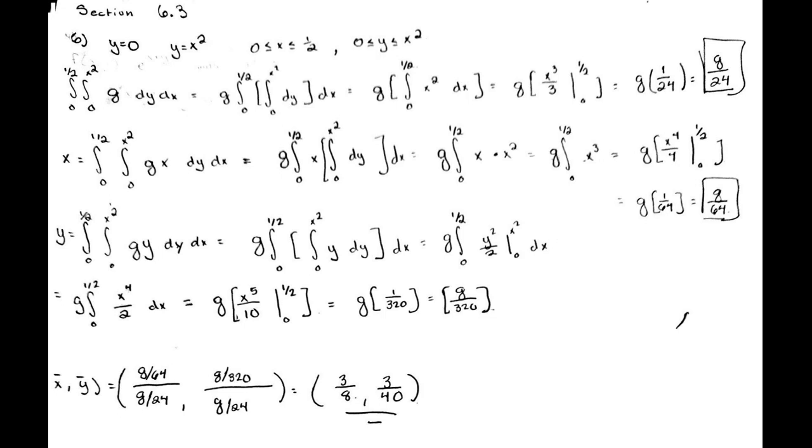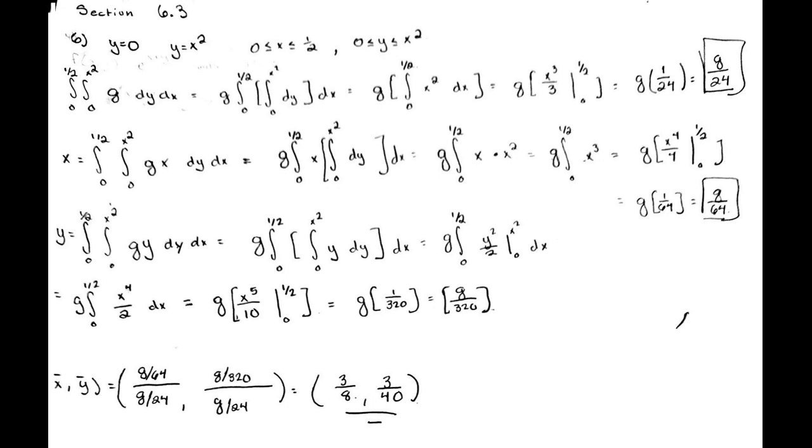And so I start by solving the double integral of mass density by itself. We would have an integral from 0 to 1/2 and 0 to x squared of g dy dx, where mass density would be a constant in terms of both y and x, and so g would be placed outside both integrals.